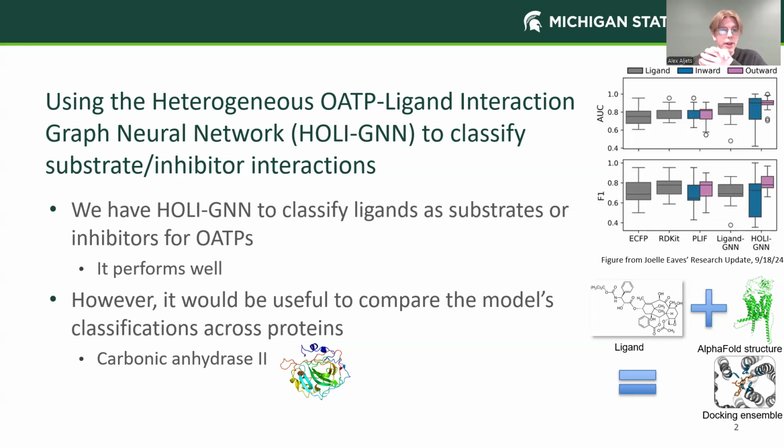From that, we can dock them with something like Rosetta, and then put that docking ensemble into PLIP, and then convert it into PLIF, which is basically what we feed into the neural network to train it on recognizing substrates and inhibitors. So it's special because we're looking at the ensemble rather than just the ligand.